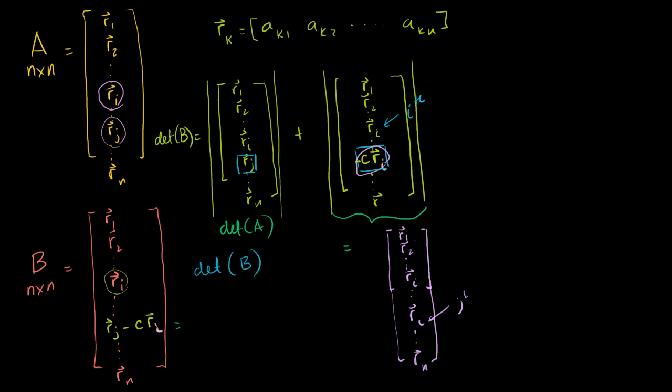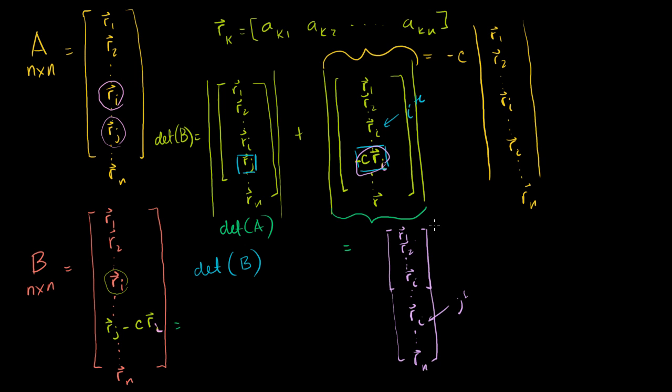So the determinant of this guy right here, let me be clear that I'm only taking the determinant of this one, is going to be equal to minus C times the determinant of R1, R2, your first Ri, and then in the jth row another version of the Ri, and then you go down to R sub n.